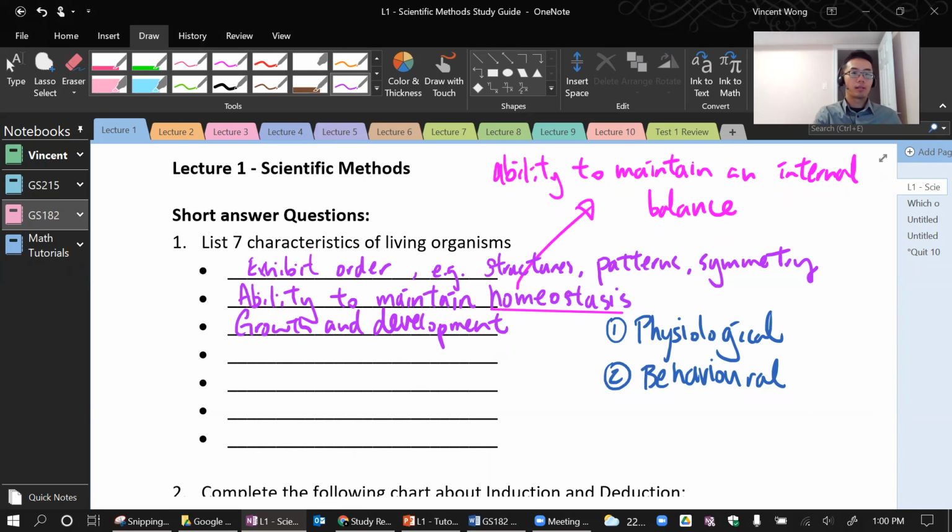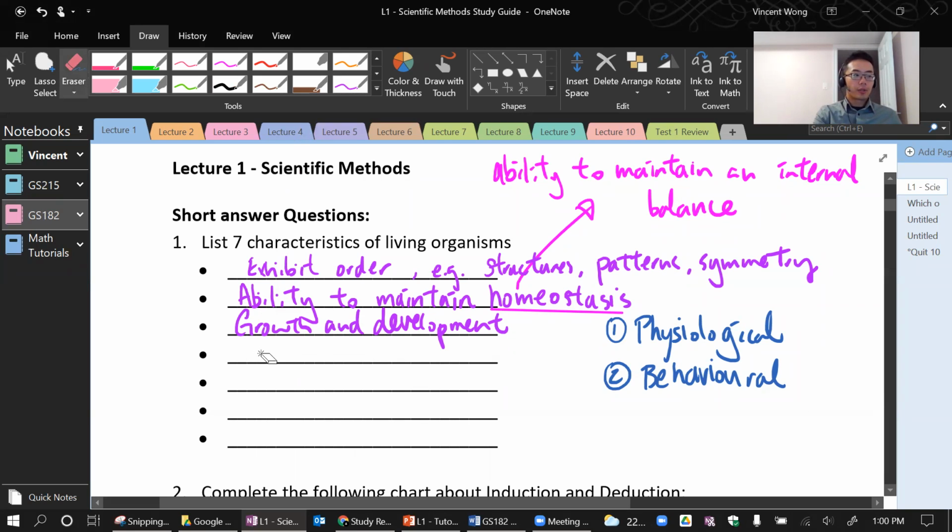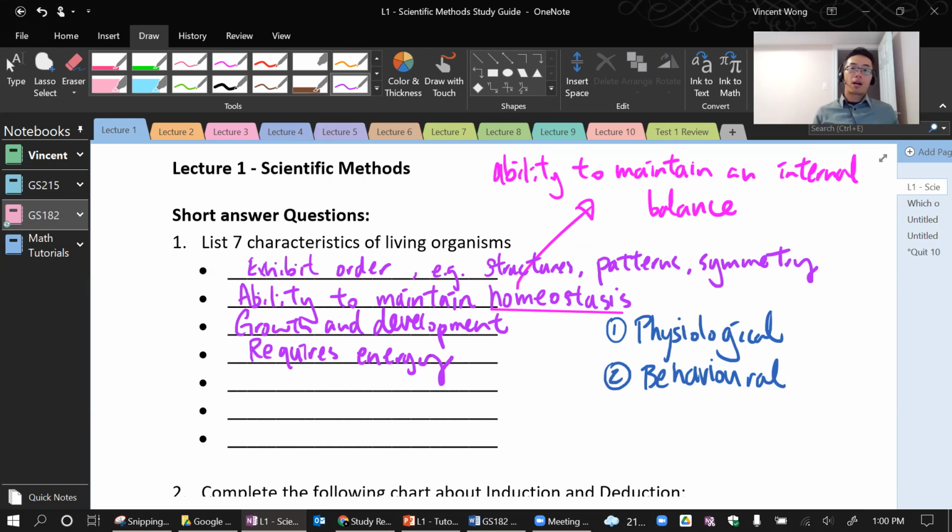Very distinct stages. Another characteristic is that it requires energy. Animals consume food to obtain energy. Plants take the energy directly from the sun and do photosynthesis.